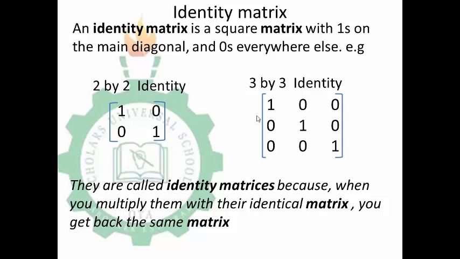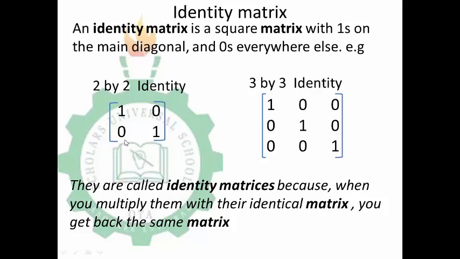The identity matrix is called identity because when you multiply it with a matrix, you will get back the same matrix. For example, if you multiply 4 times 4, it's supposed to give you 16.